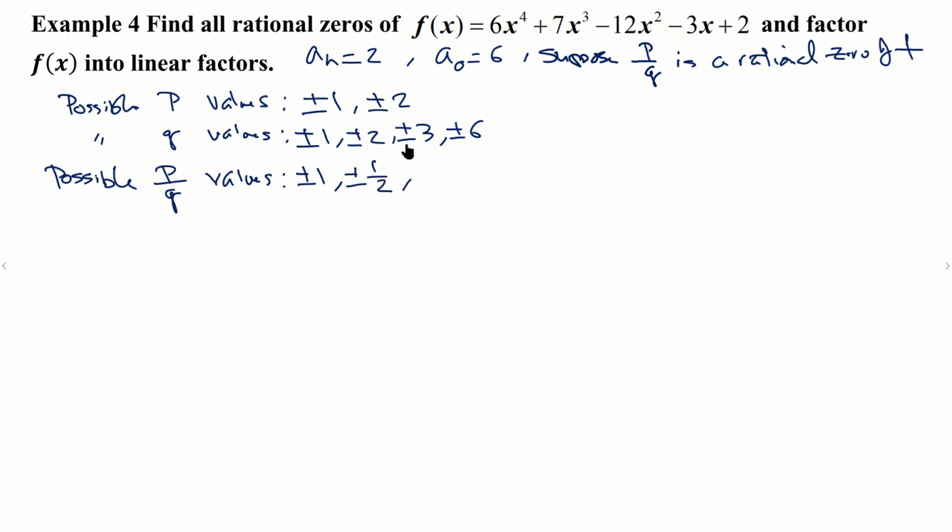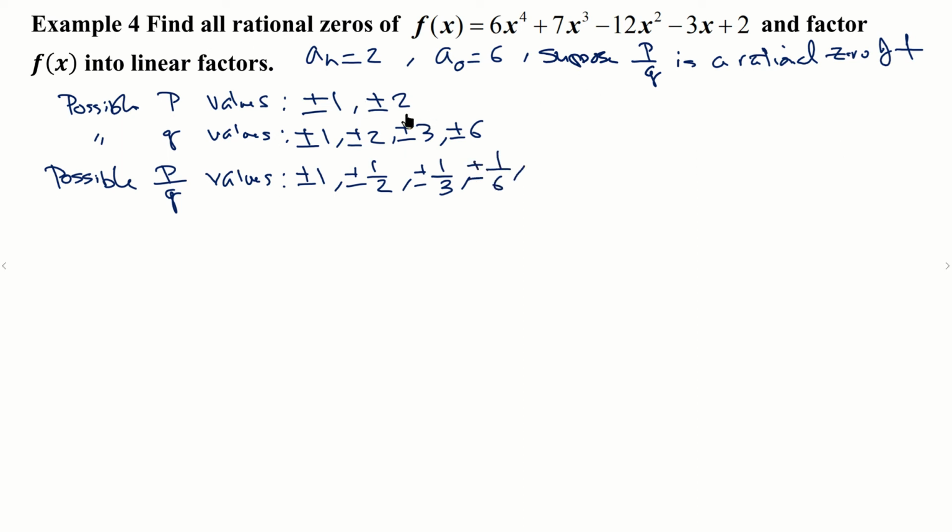Positive or negative 1 divided by positive or negative 3 gives us positive or negative 1/3. And positive or negative 1 divided by positive or negative 6 will give us positive or negative 1/6, right?